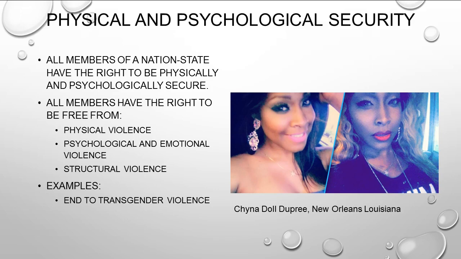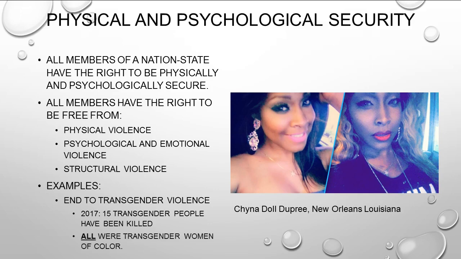The photo on the right is of a woman named China Doll Dupree from New Orleans, Louisiana, who was killed in February of 2017. 2017 has actually been a record high for homicide against transgender people. And just this year, 15 transgender people have been killed, and all of them were transgender women of color.